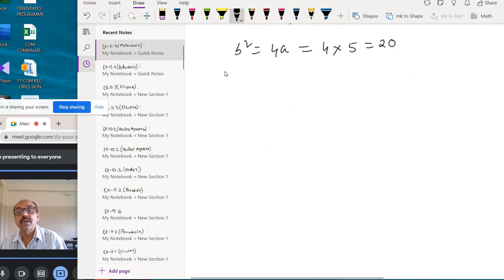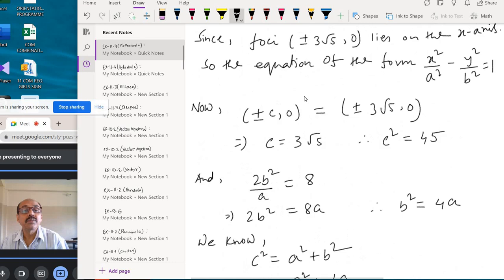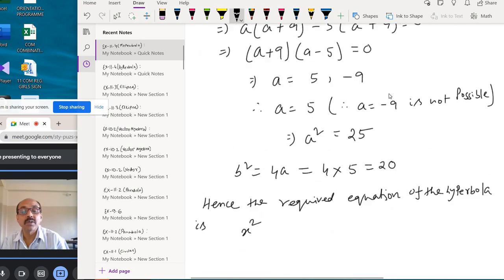So hence the required equation of the hyperbola is x square by a square minus y square by b square equal to 1, type 1.